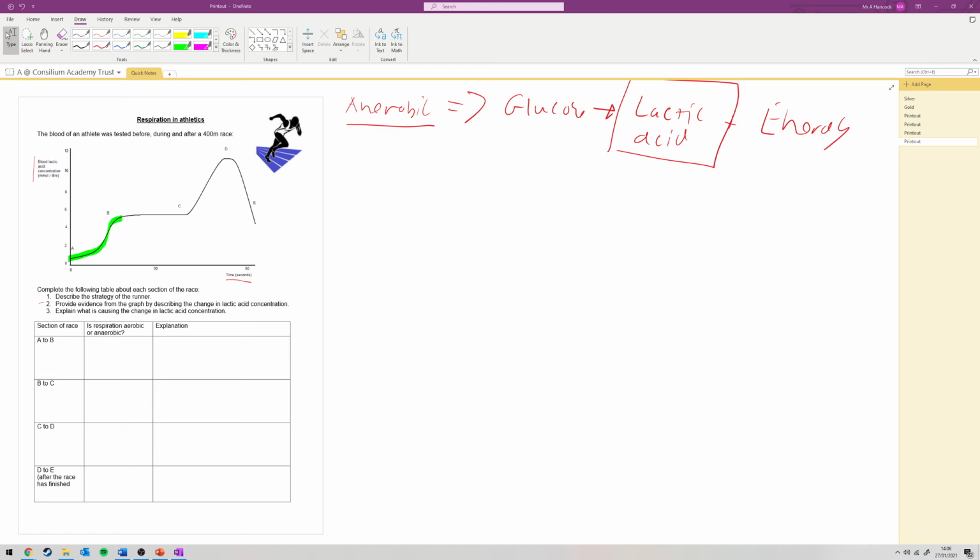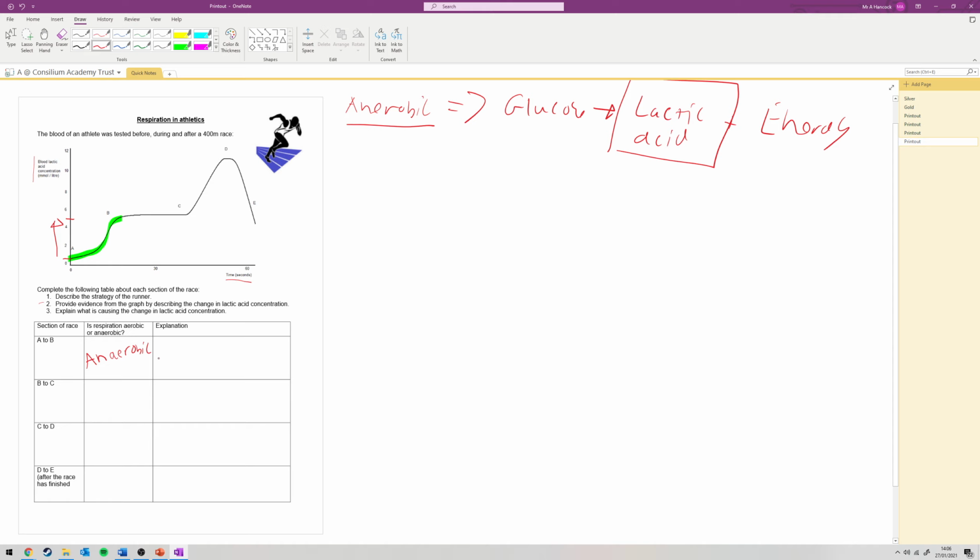Now, if you look from A to B, you can see that the lactic acid concentration starts here, and it ends there. So we have gone up. The concentration has increased. So A to B, this must be anaerobic. Right? From B to C, well, the lactic acid concentration pretty much stays the same.